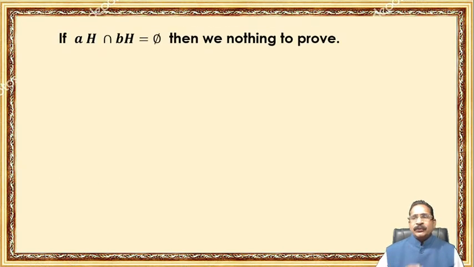So if these cosets are disjoint, then we have nothing to prove, because we have to prove either condition A or B. If you assume A is true, then there is no importance in going for B. Like that, if these cosets are disjoint, then we have nothing to prove.